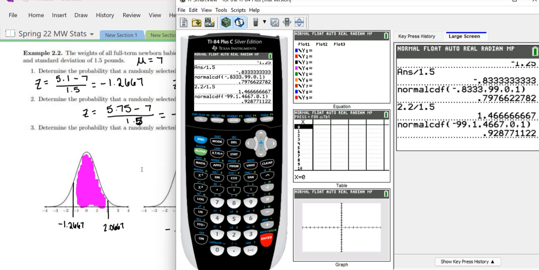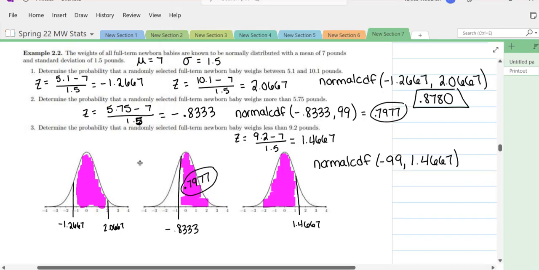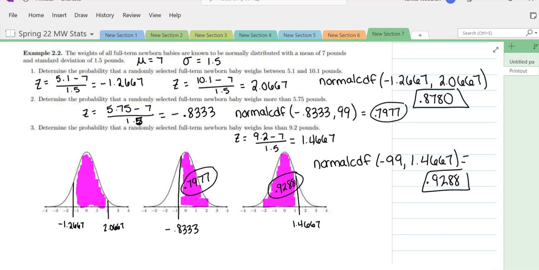And that's going to give you 0.9288. And again, that represents this area right here. And that's the probability that a randomly selected baby is going to be less than 9.2 pounds.